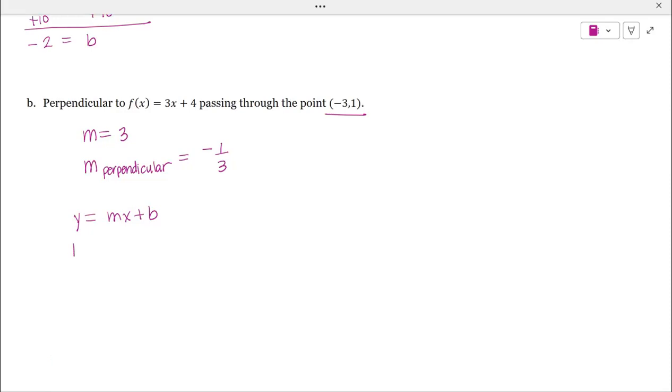I'll put 1 in for y. Our slope is going to be negative 1/3, and x in this case is negative 3. So 1 equals negative 1/3 times negative 3, which is just 1.